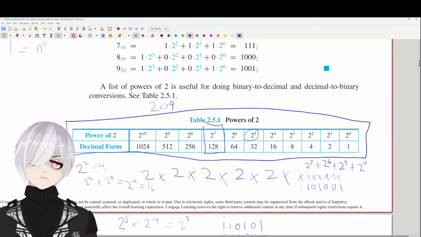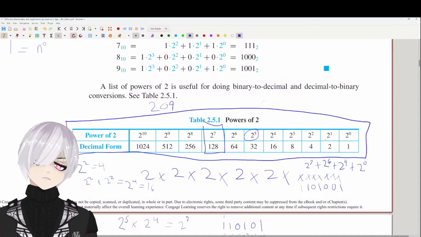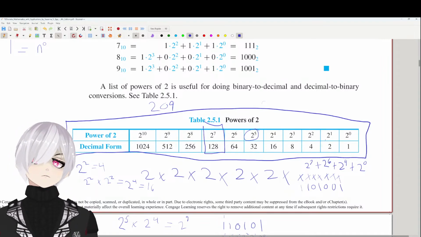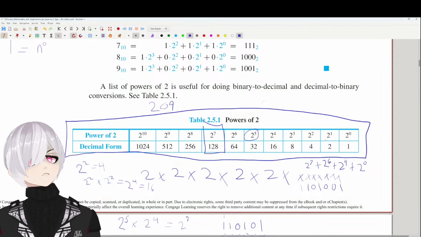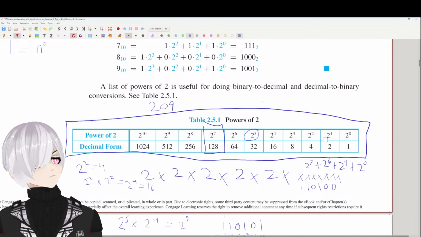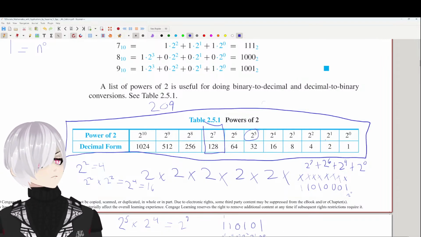Actually, we have an additional 0 before the 1, because since we're going up to 2 to the 7, we actually have 8 digits, because 2 to the 0 is included. So we'll have zeros for the 2 to the 3rd power, the 2 to the 2 power, and the 2 to the 1 power. Makes sense.